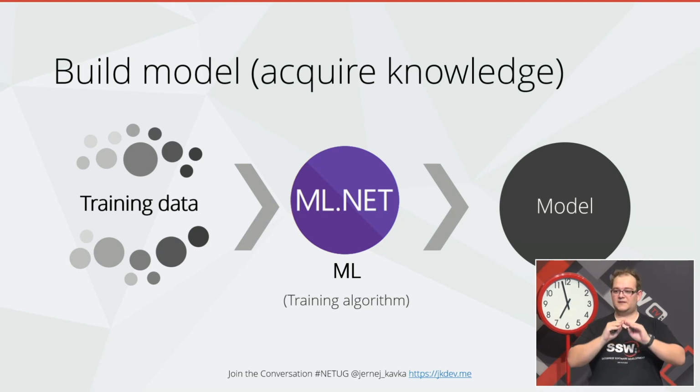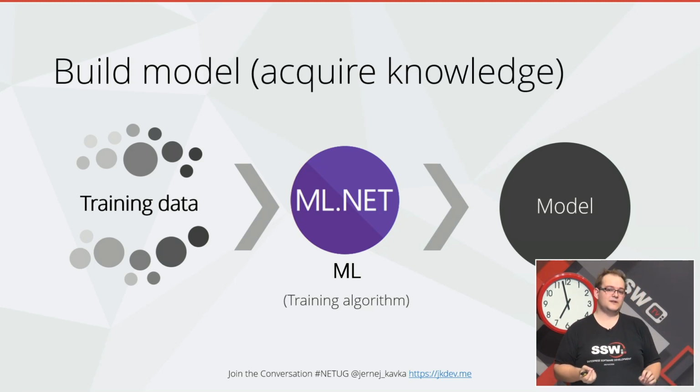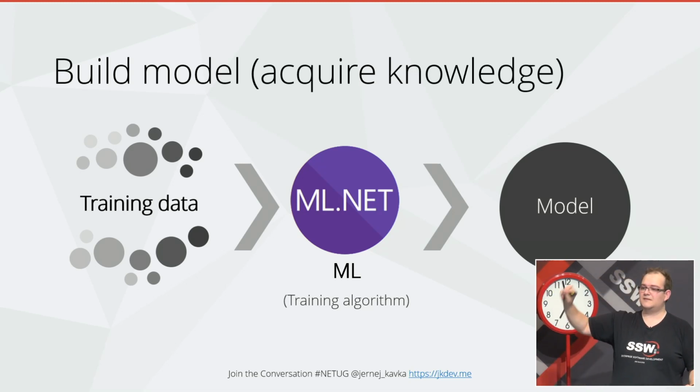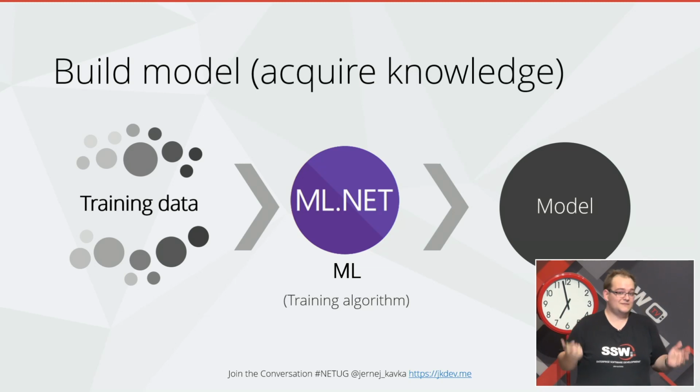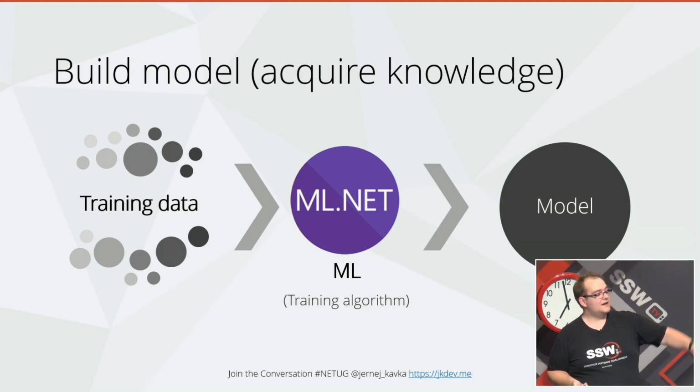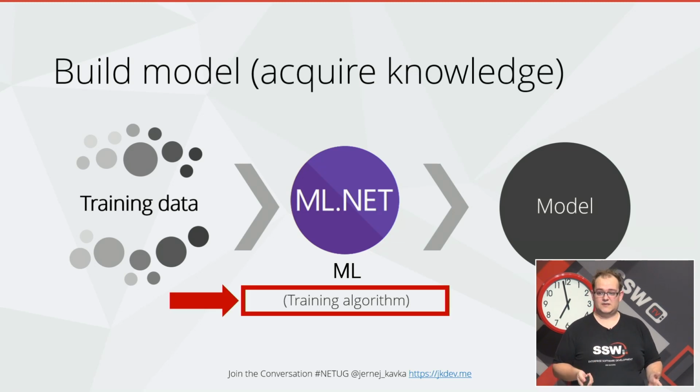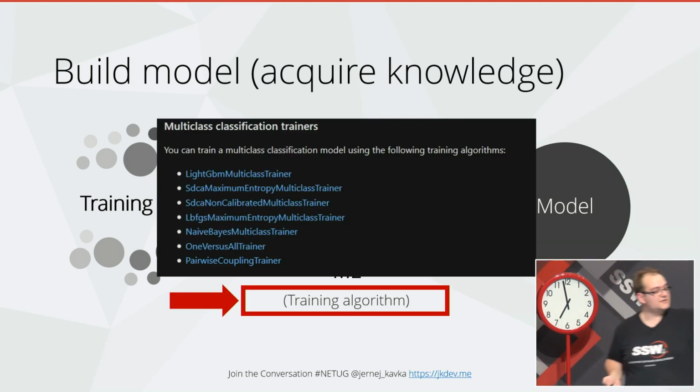You need really low knowledge about machine learning to use it. You can just go through tutorials, and the tutorial tells you, you should use a trainer. You initialize the trainer, put in a few arguments, and boom, done. But you still kind of need to know what kind of trainer you want to use. So remember those trainers over there?